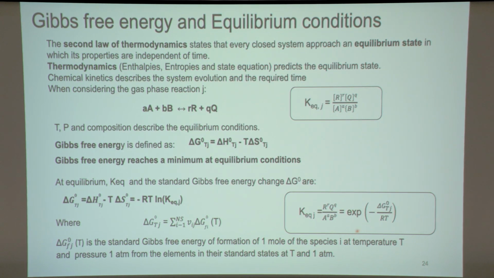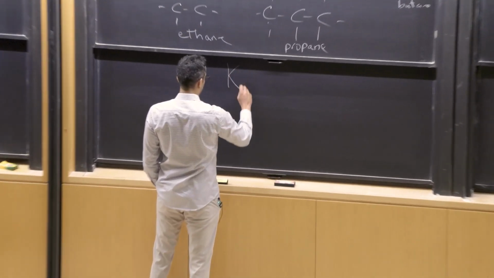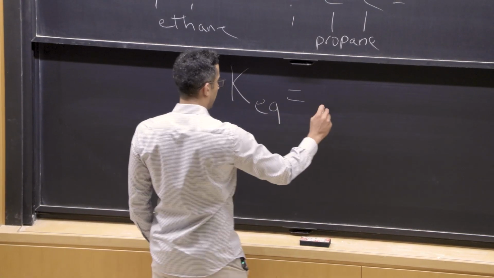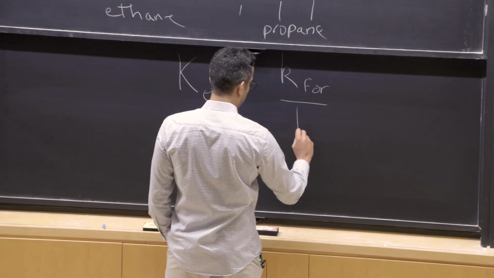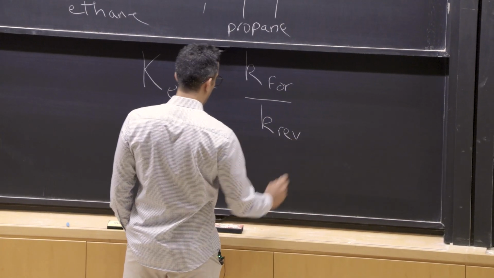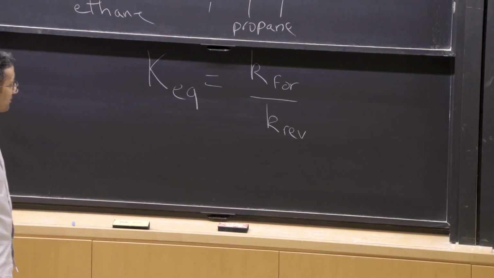So KEQ is exponential minus delta G over RT. And we will use this in every chemical kinetic model because this KEQ is simply the forward rate constant divided by the reverse rate constant.